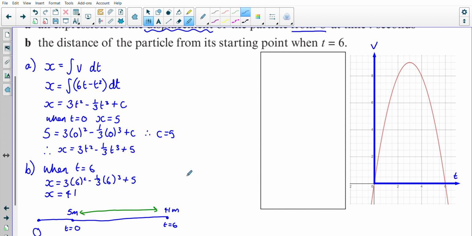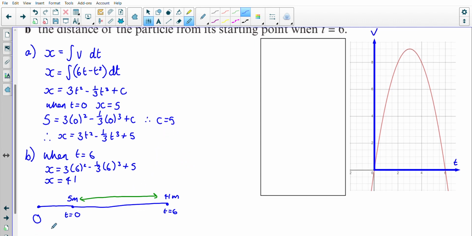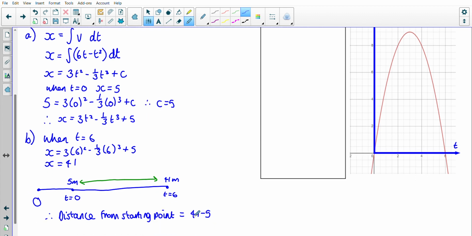Okay, so I'll do it underneath, therefore distance from the starting point equals those two taken away, which is 36 meters.